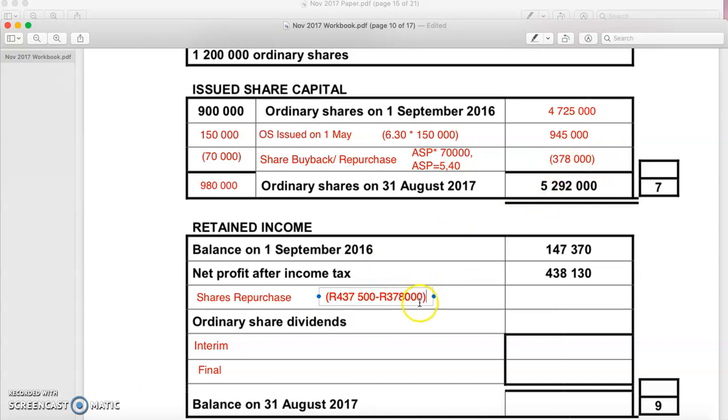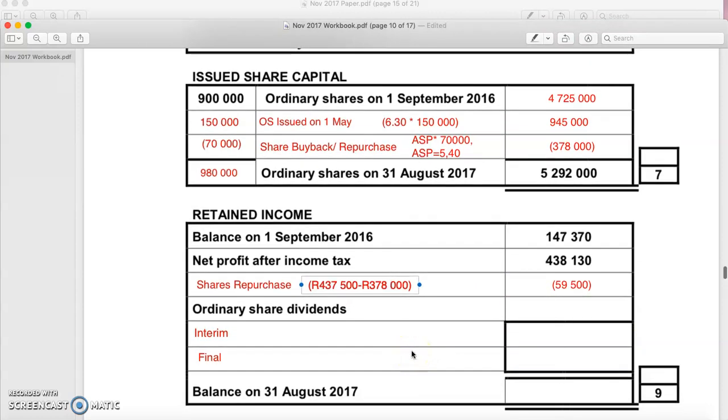And that's going to be the amount we have as the share repurchase value. And that should give you 59,500, okay? And once again, we lost this money. This money left us. We actually went out and bought the shares back, and so we lost this money, and it's going to be in brackets.